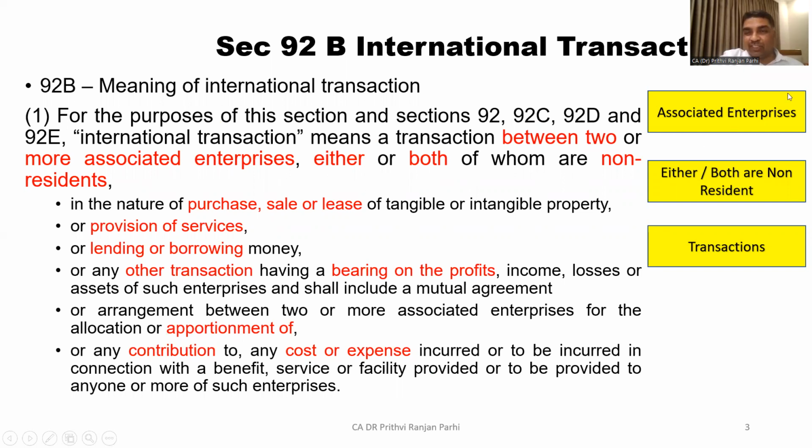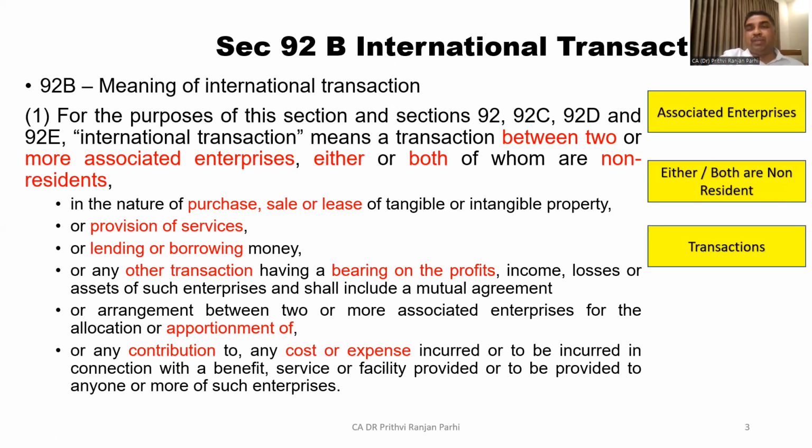That means transactions should be between associated enterprises, and either or both of them should be non-resident. That means any one of them can be non-resident, or both of them can be non-resident. That is important. One party should be non-resident as per the requirement of section 92B(1).